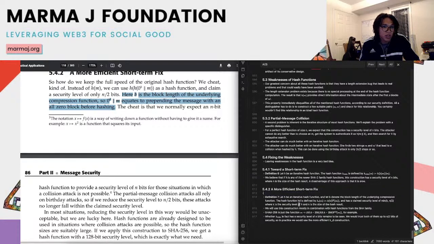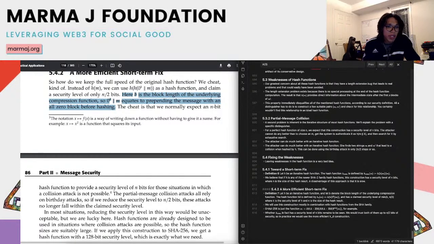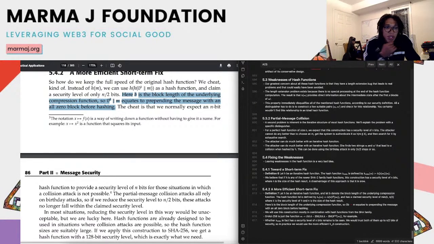Let me just put this under, actually, because K is a variable of H and N. Yeah, all this stuff is written out, but I don't see anything about B. So let's just make sure we get that. And so 0, whoops. So 0 to the power of B. Okay, then it actually tells you what B is.